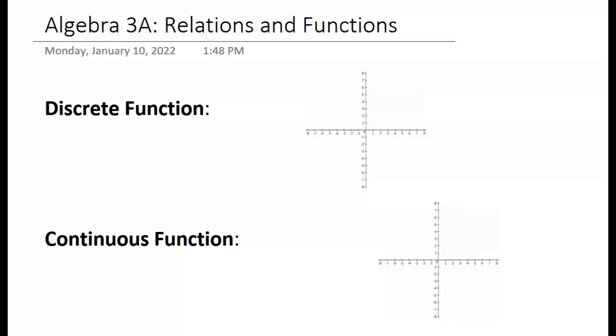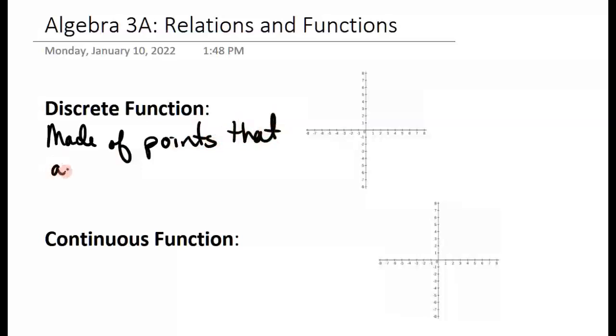A discrete function is made of points that are not connected. Often this means there are no in-between values.